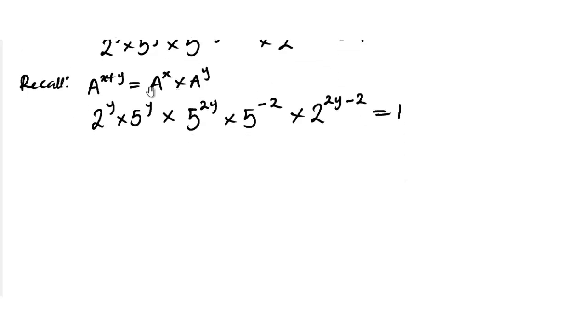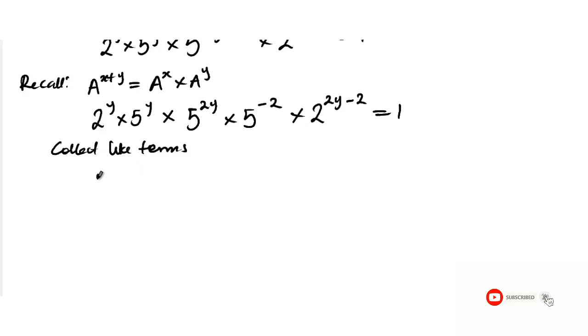If you look at this, there's similarity. We can collect like terms. We have 5 here, we have 5 here, we have 5; we have 2 here, we have 2. So we can collect like terms, or in some cases, we can say regroup.